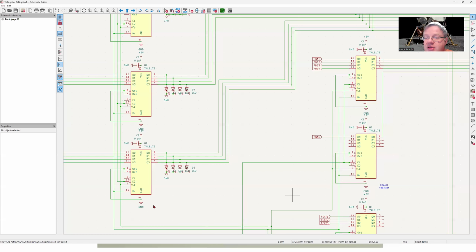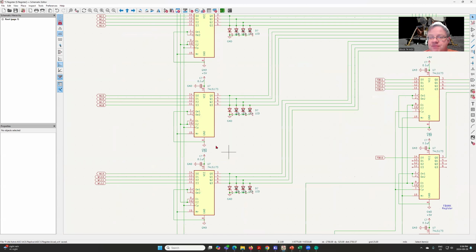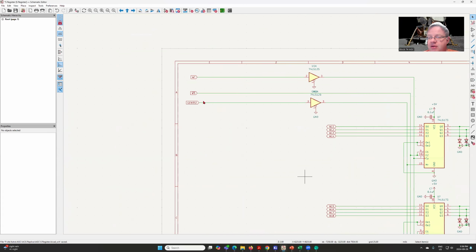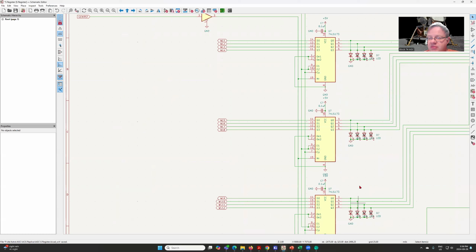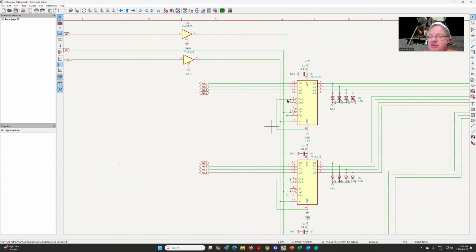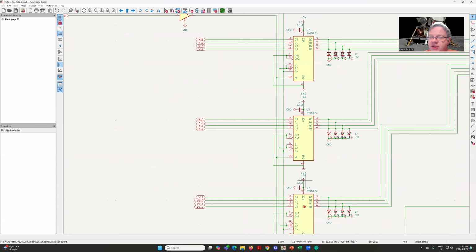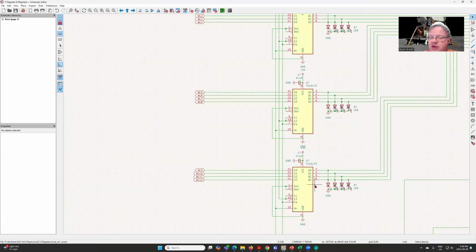I'll just bring up the S register here. If we start off, we've got the 12 bits. So I've got a series of 74LS173. These are 4-bit registers, so we're going to use 3 of them in order to build the S register.